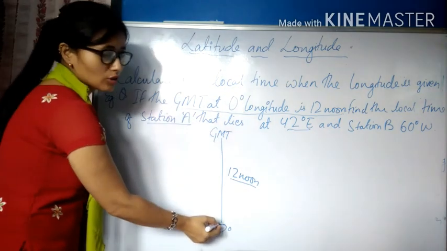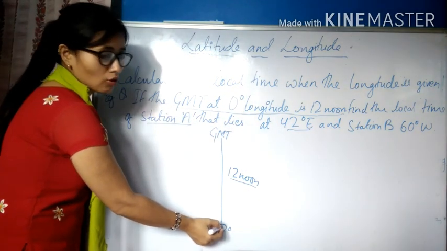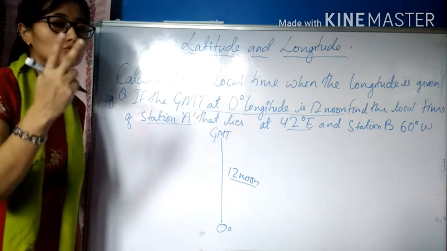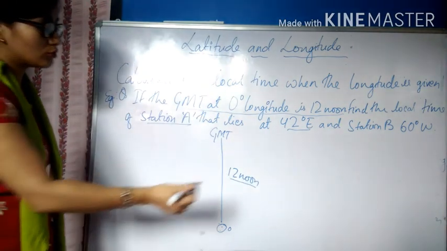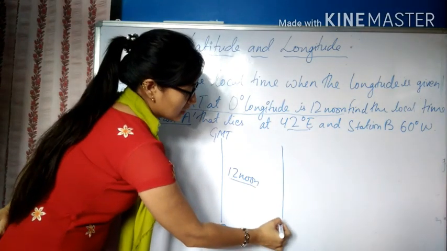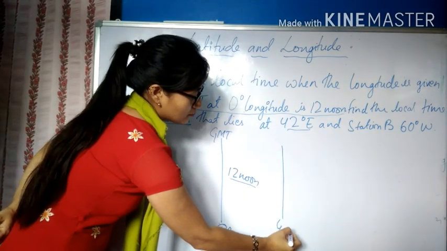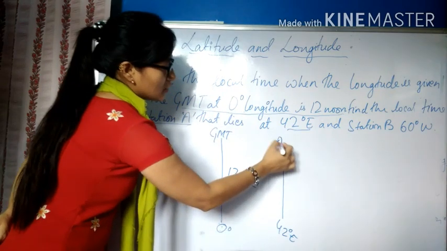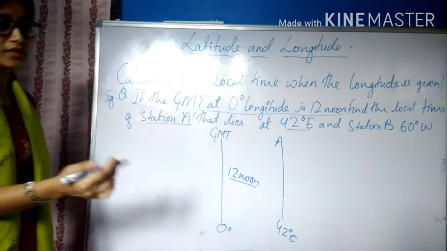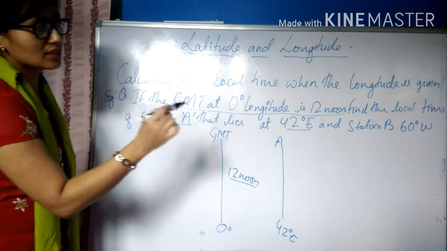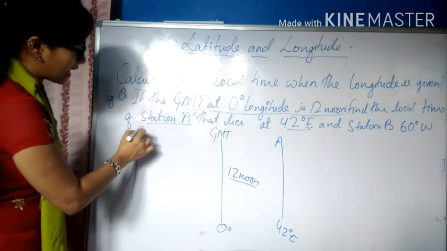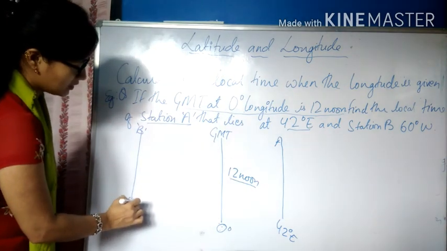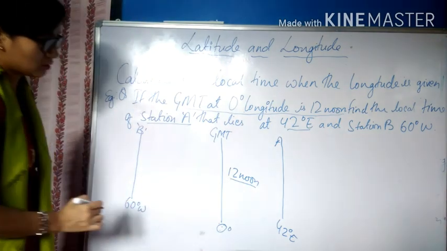This is a line of longitude. The 0 degree line of longitude divides our earth into two hemispheres, eastern hemisphere and western hemisphere. So 42 degree east lies in the eastern hemisphere. That is station A. And station B lies at 60 degree west.